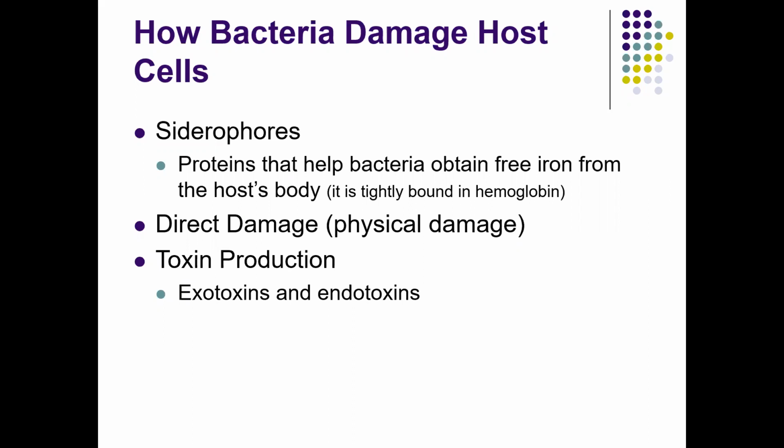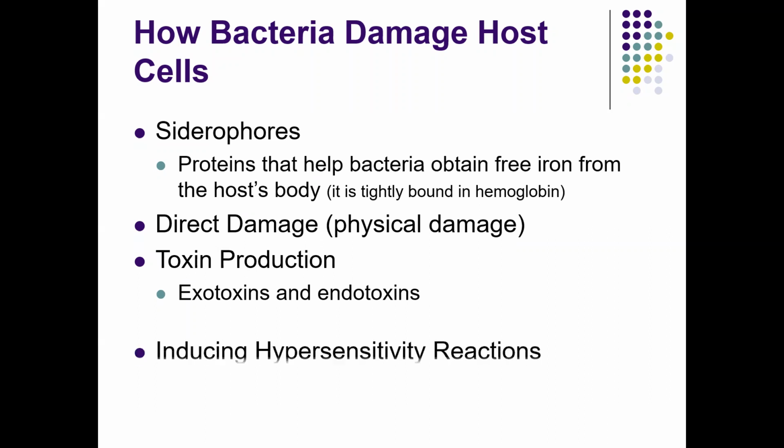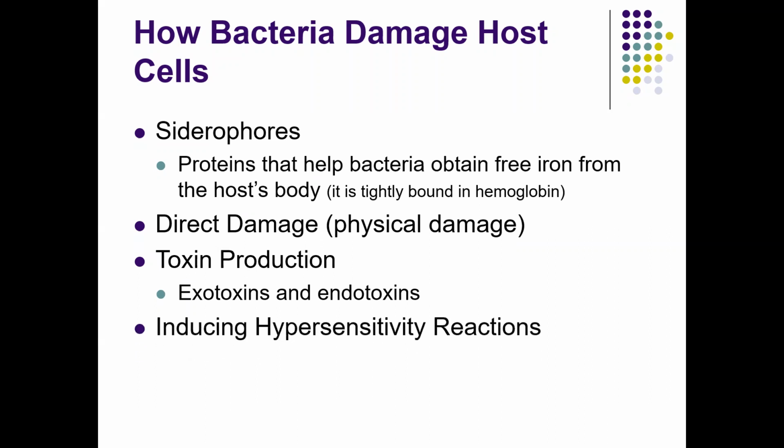So gram-negative bacteria have this stuff called endotoxin, which is really just a component of their cell. Exotoxin we'll talk more about in a second. And then also bacteria can hurt us by inducing hypersensitivity reactions, which are essentially the same thing as allergies. So allergies are a big topic in chapter 19, but certainly is related to this whole immune system unit that we're doing.